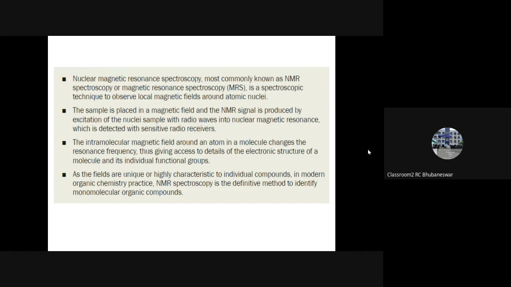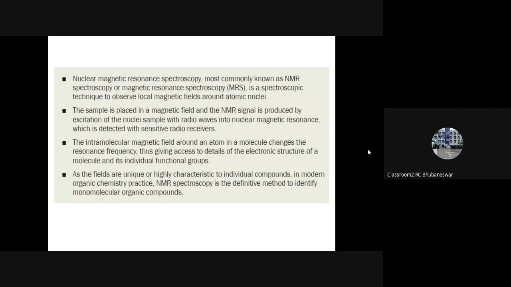That change may be rotation, vibration, or ionization. In that way, various spectroscopic tools are there to study such matter. Now, NMR is all about the interaction of radio frequency region radiation with matter.